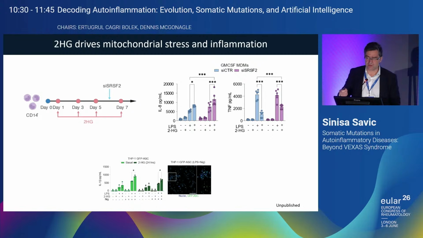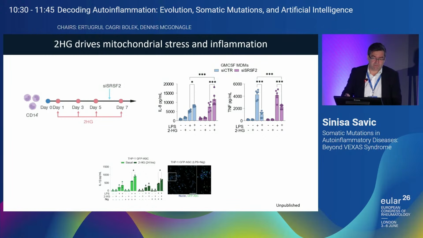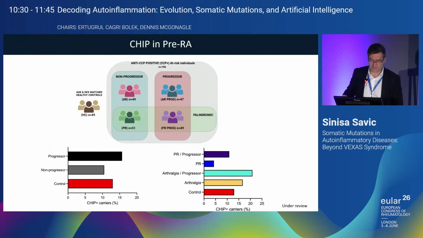So you produce much more IL-1 alpha, TNF, and IL-1 beta, and IL-1 beta production is also dependent on the NLRP3 inflammasome. Altogether, for reasons which we're still working to fully break down in terms of why it causes the inflammation, there is certainly significant evidence here to suggest this oncometabolite is important in driving some of these inflammatory phenotypes.